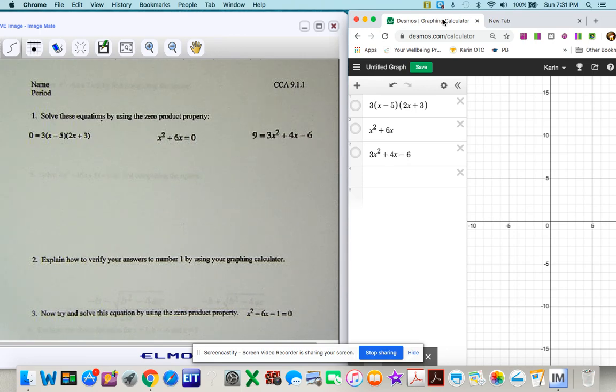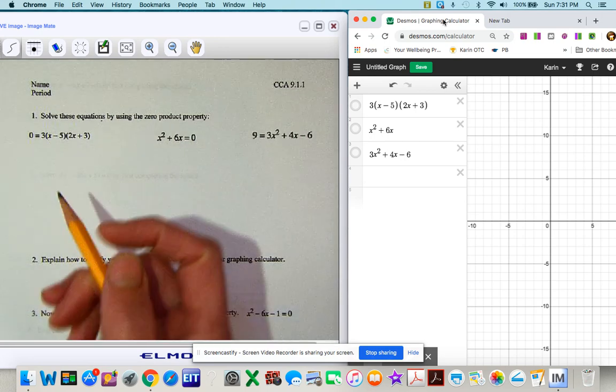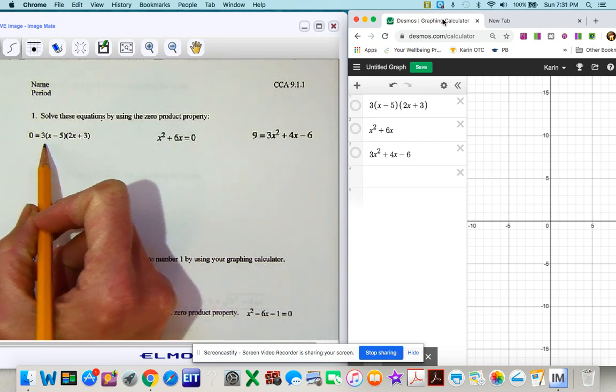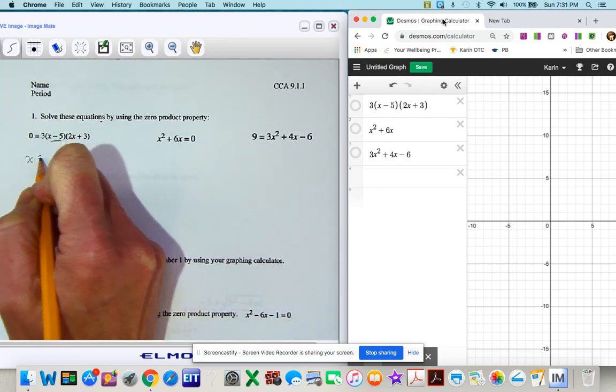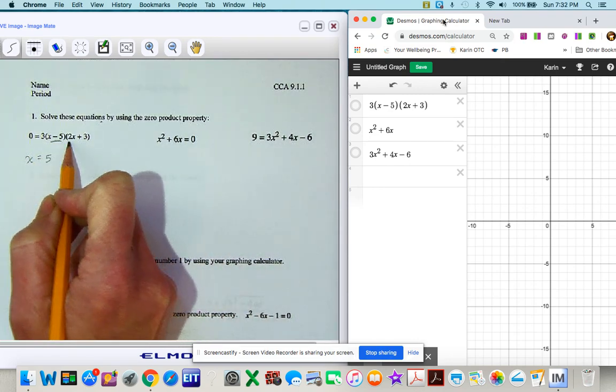Okay, so remember the zero product property says that if you're multiplying a number of factors together and their product is zero, then at least one of those factors has to equal zero. So if I want to solve for x, what would make this factor zero? Well, x would have to be 5. What could make this factor equal to 0?